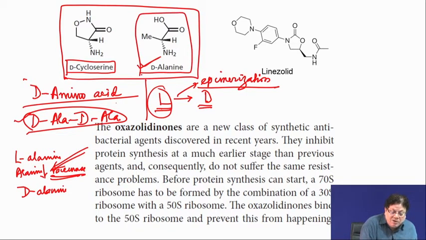D-cycloserine resembles alanine very much: instead of the methyl you have CH2 here, the configuration is okay. This is a carbonyl, instead of which you have nitrogen, connected via what is called an oxazole ring, NO. So basically it resembles D-alanine.